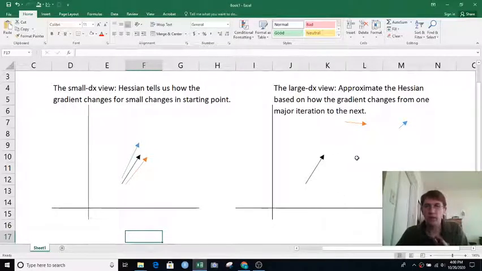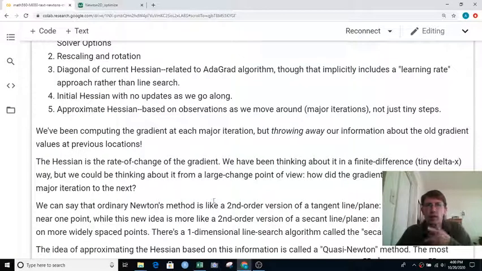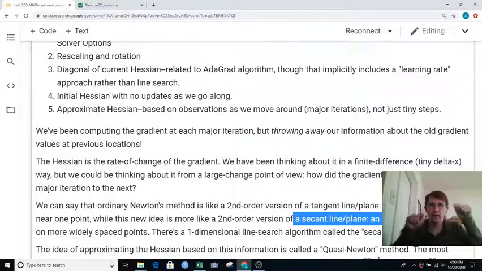So that is the big advance of quasi-Newton methods, methods that approximate the Hessian using information gained by moving around as we search. So another way to think of that is like drawing secant lines, lines that go clear through a function rather than trying to be tangent.